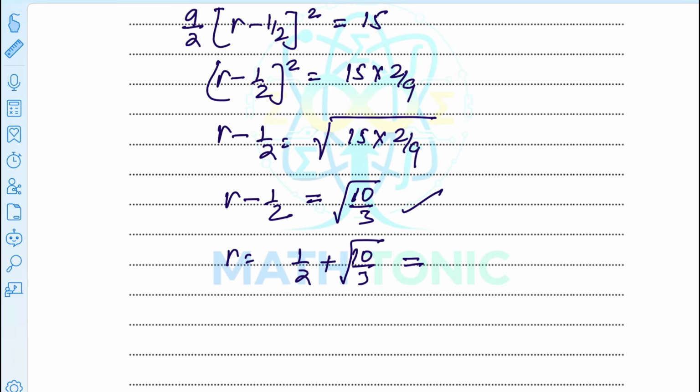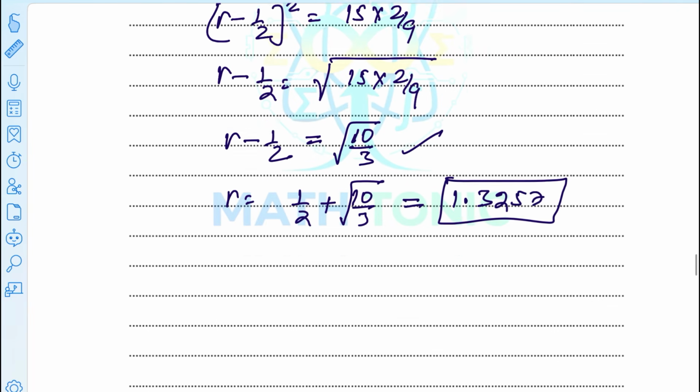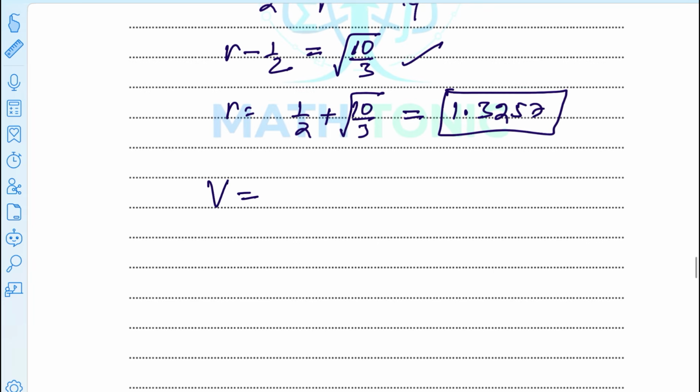So if I add this value in the calculator, check, 1.3257. This is the radius I am getting. As per the question, find the volume. So the formula is already given, 3 over 2 times ((r minus half) cubed minus 1).